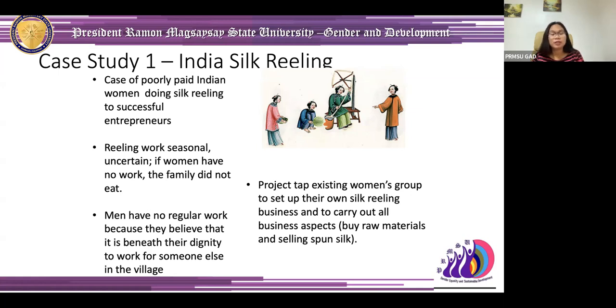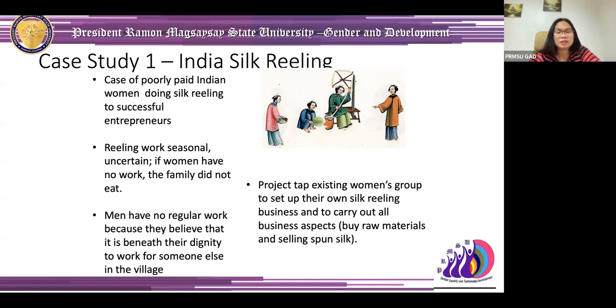Then men also in the community have no regular work because they believe that it is beneath their dignity to work for someone else in the village. So parang pag sila yung trabahador, di ba? The cultural factor is affecting yung kanilang employment. Now, in the project, they tap existing women's group para magkaroon sila ng silk reeling business, and they carry out all the business aspects.